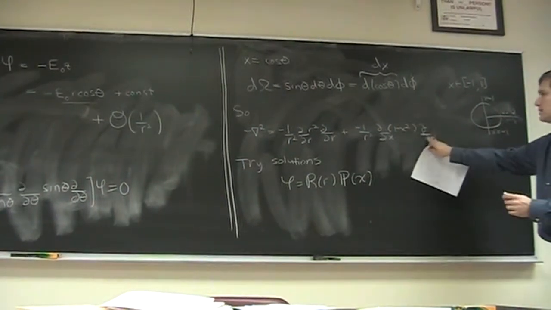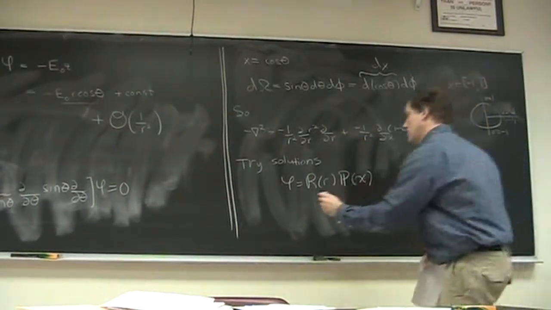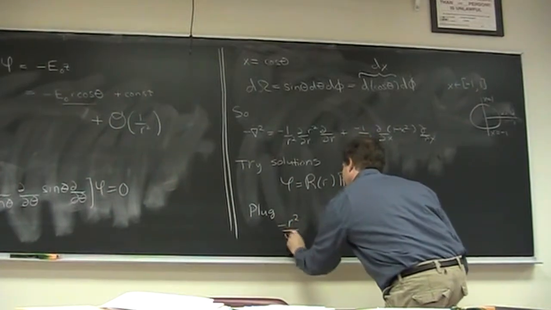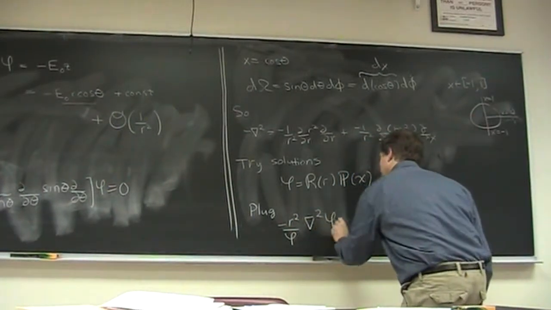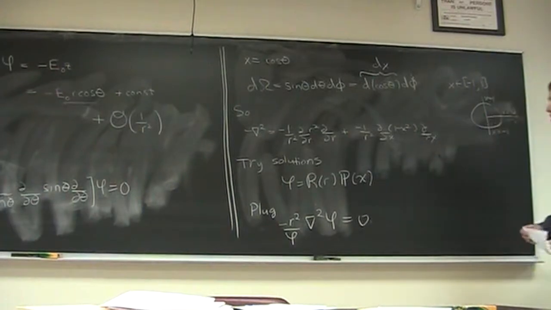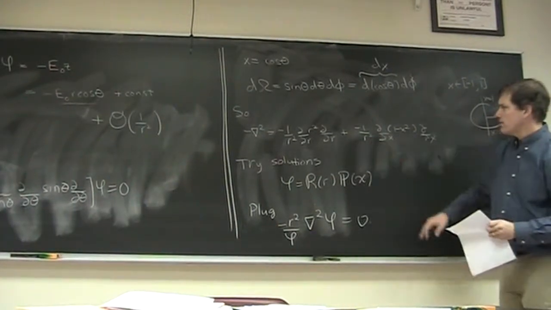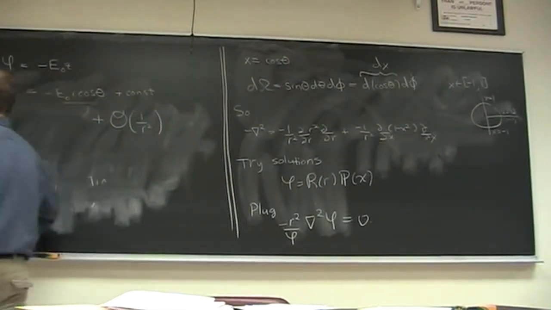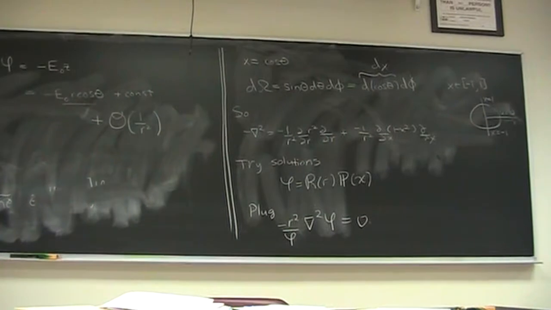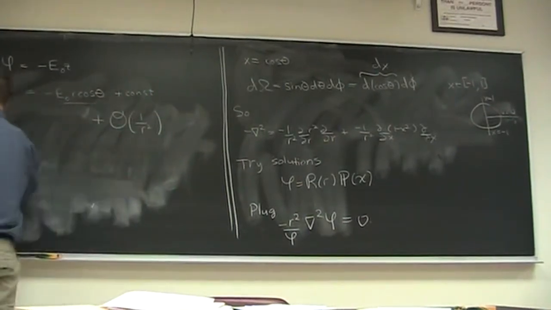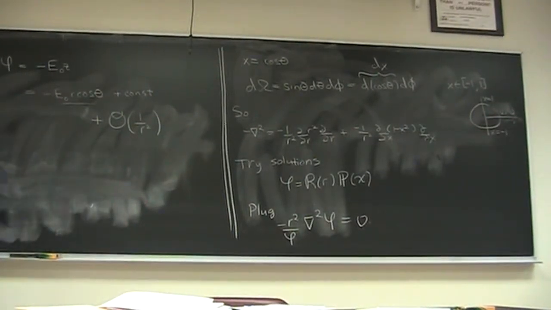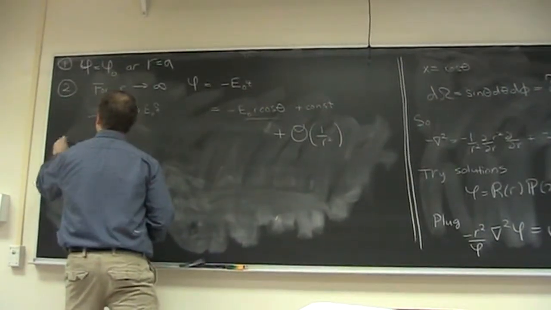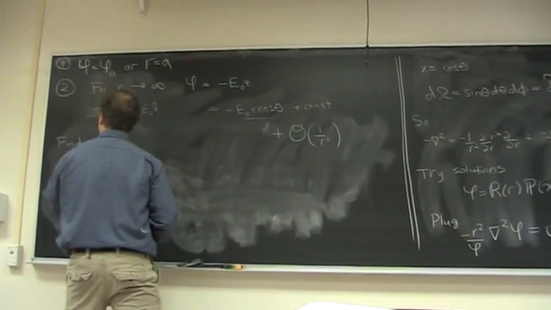So if I plug this into the Laplace equation, you multiply by r squared to get rid of the overall factor of r squared, and then you get a separated set of equations, one for R and one for P. So it again separates.